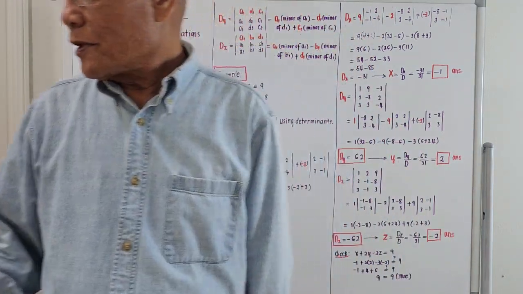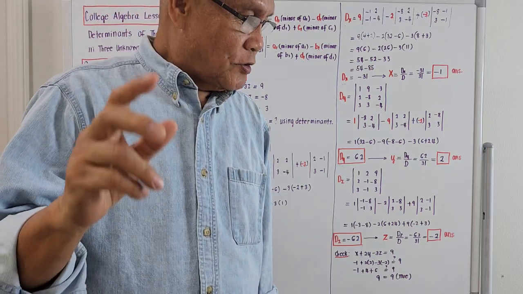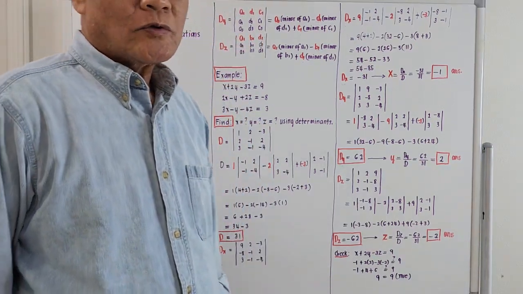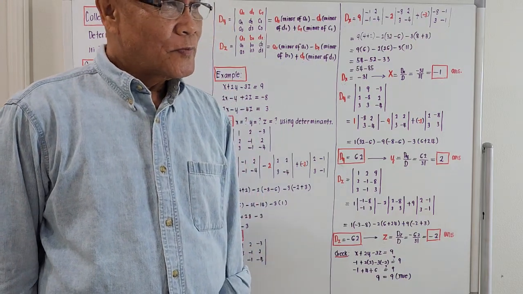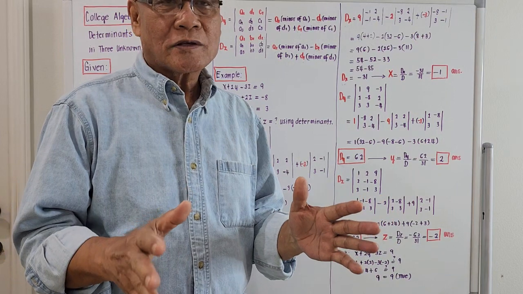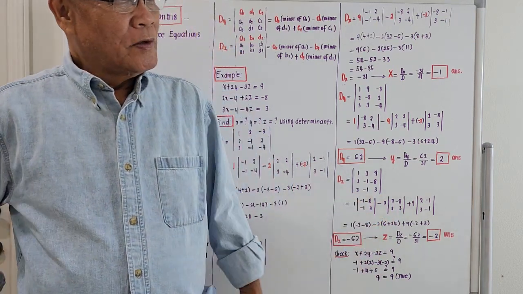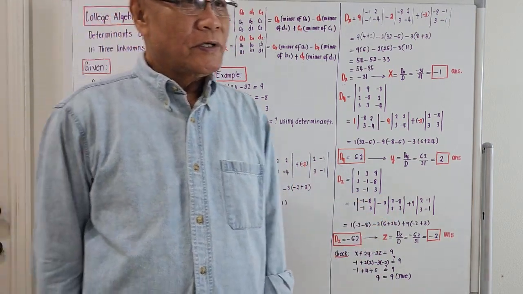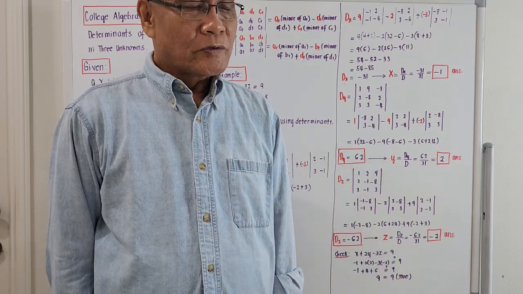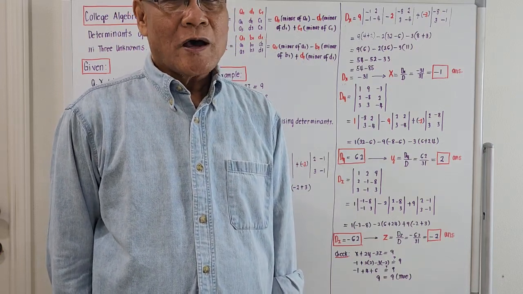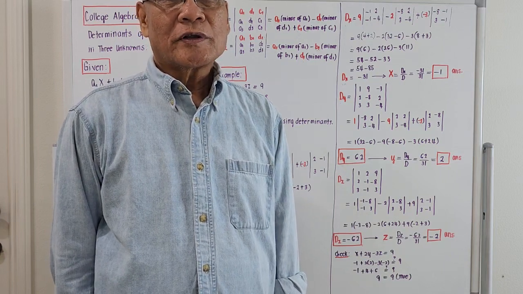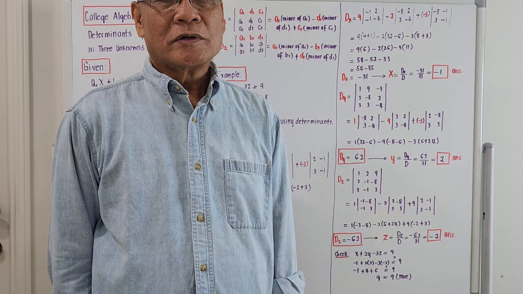My topic for this morning will be a long video format on college algebra. This is now lesson number 18. This is a very interesting one, guys. I discovered the solution, or the concepts and how to explain the determinants of three equations and three unknowns.